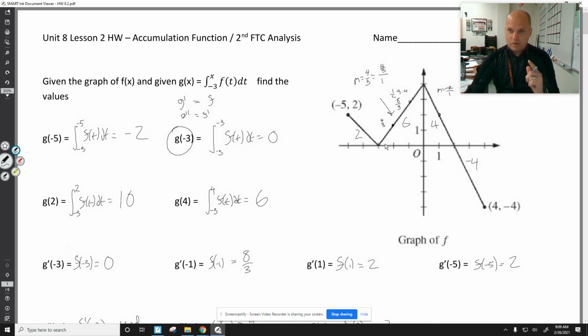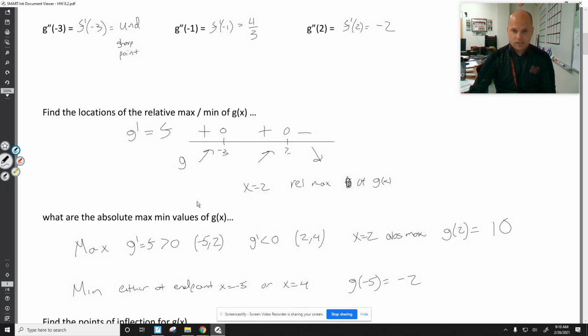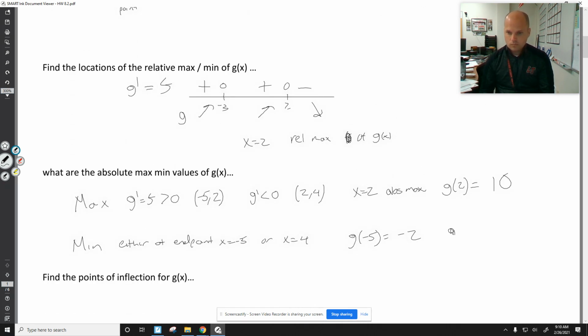This area 2 means I've gone up 2 to get to 0, which means I started at negative 2. It's the opposite if you're going from negative 3 to negative 5 as if you're going from negative 5 to negative 3. And then my other endpoint, 4, which I found was 6. That's out. This wins.